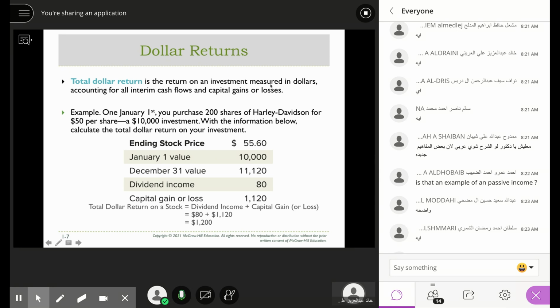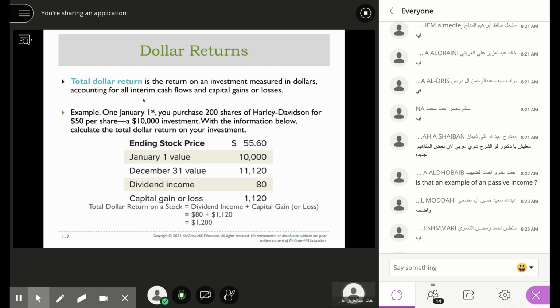I did explain this example. As I said, we are going to define return in different ways. One way to compute return is the total dollar return, or we can call it total Saudi Riyal return, which is the return on investment measured in dollars, accounting for all interim cash flows and capital gains or losses.